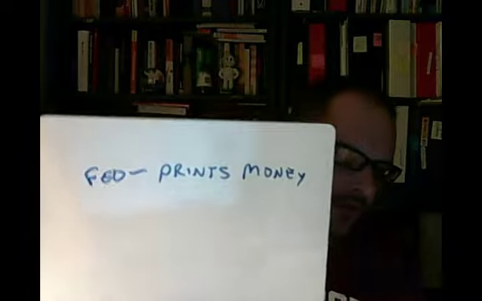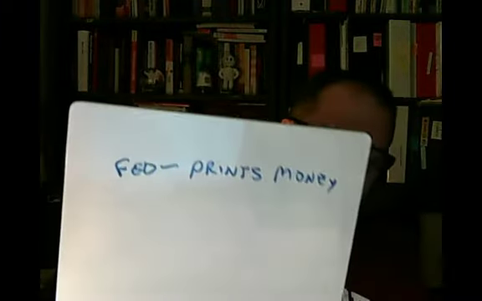When we look at what the Fed does, we certainly know that the Fed prints money, right? Well, technically the Bureau of Engraving and Printing prints the money, but the Federal Reserve distributes the printed cash.